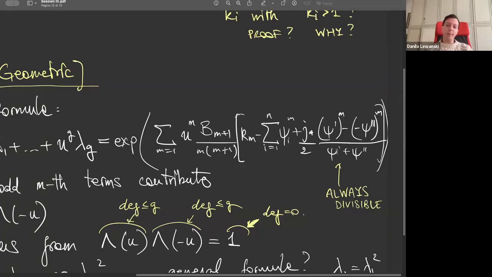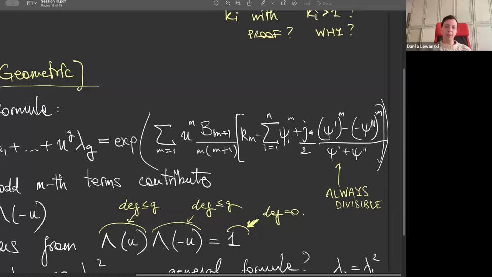Now you may be worried about this division because you may say, this doesn't make sense because I don't know the meaning of dividing by psi classes. In fact, you don't need to worry because this expression is always divisible. I mean, the numerator is always divisible by the denominator. And you can see that by the usual formula and also by the fact that the Bernoulli numbers, I mean, you for sure know this property, vanish whenever the index is odd and is not 1.